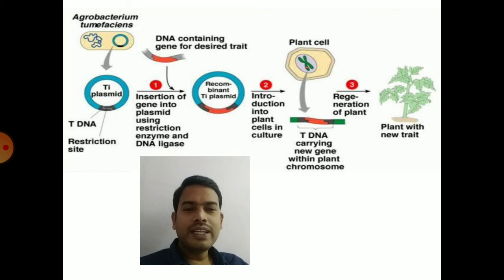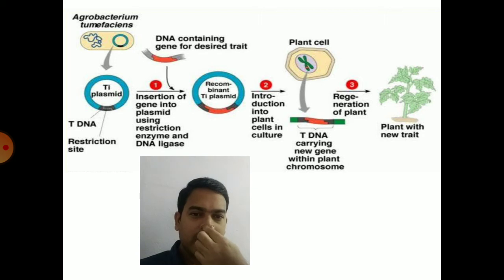So the Bt gene from Bacillus thuringiensis is taken and inserted into the Ti plasmid of Agrobacterium tumefaciens. You can clearly see insertion of the gene into the plasmid using a restriction enzyme and DNA ligase. So you have a Ti plasmid with your foreign DNA now, a recombinant Ti plasmid.